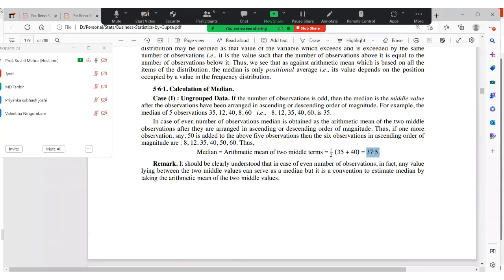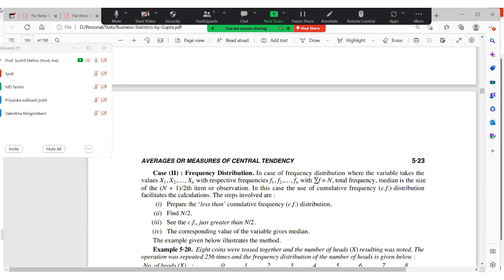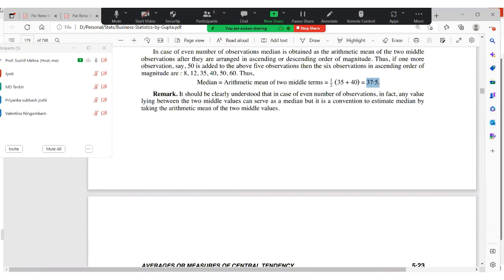The values to the left are lower than 37.5, and those on the right-hand side are greater than this, right? Is that clear? Yes, sir.